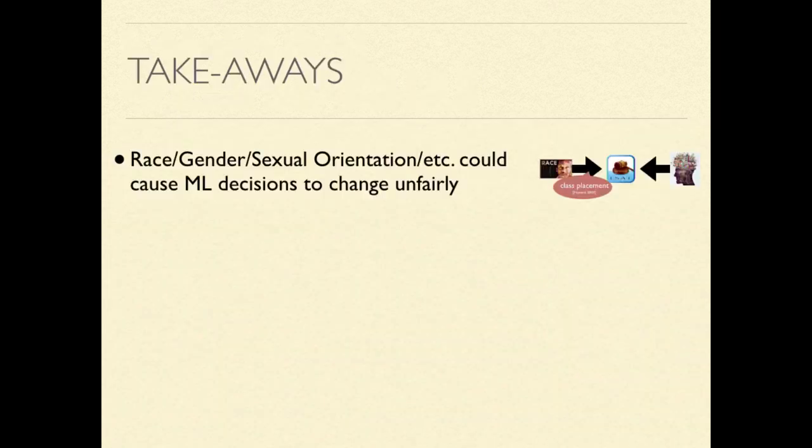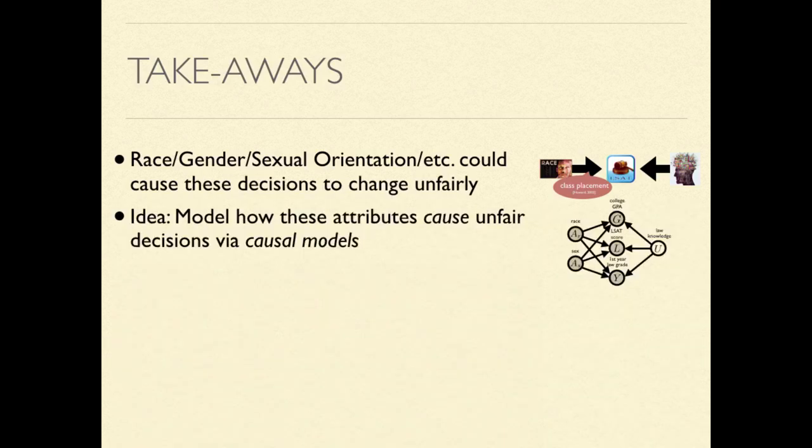What I'd like you to take away from this talk is that race, gender, sexual orientation, and other things can cause machine learning systems to change unfairly. Our idea was to model how these attributes cause these unfair things to happen using causal models.